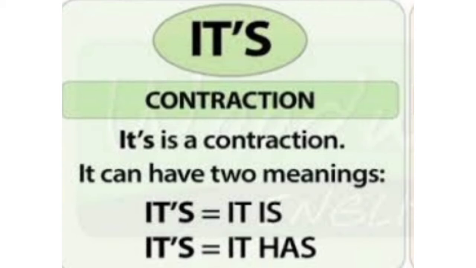First is "it is" and second is "it has", which means whenever you find any sentence with "it is" or "it has", you can use this it's with a single inverted comma, which is called an apostrophe.